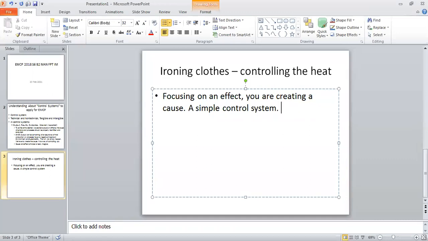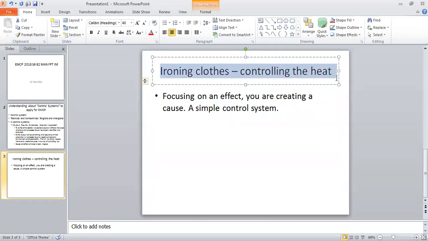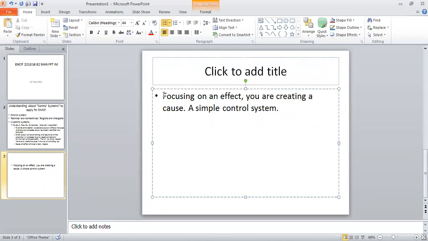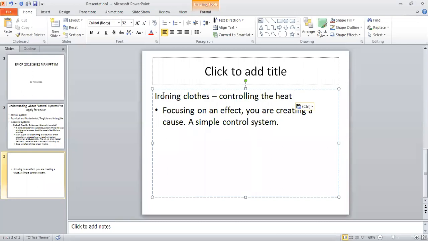You are involved because you are turning it. Okay. So I will take this topic, ironing clothes, or rice cooking using a rice cooker. Or even rice cooking using a wood stove or whatever, you have a lot of involvement in controlling the flame, then the condition of the rice cooking process, based on your good feelings and experiences.